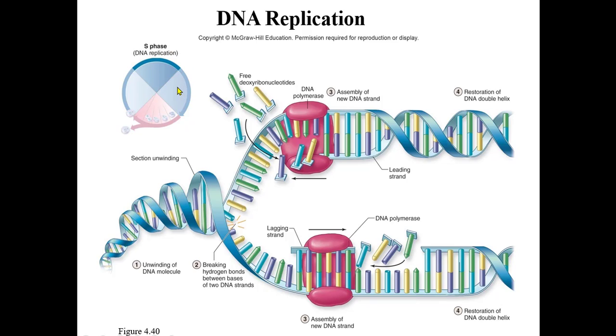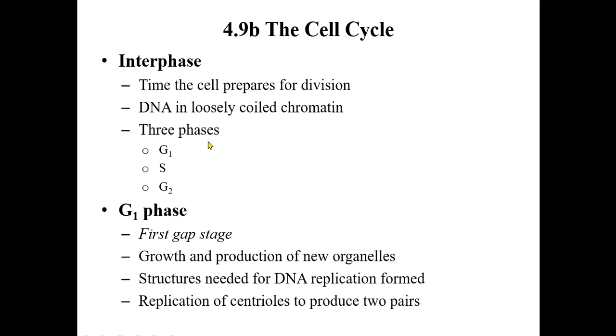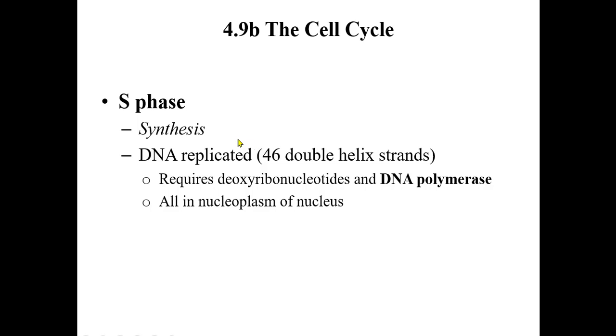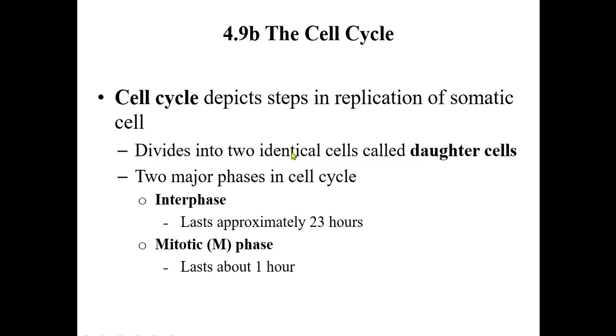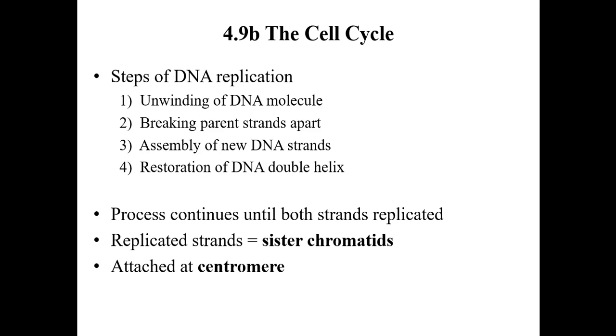And then G2 is getting ready for all the materials necessary for the actual mitosis. So most of the cell's time is spent in interphase. Now the things I've said just now are actually found on this slide and this slide. I basically went over this slide and this slide by way of the picture.